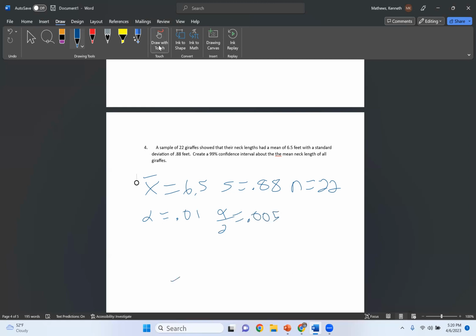So if we draw a picture, here's our curve, and we call this t, call this one x. There's 0. There's our mean of the sample, 6.5 feet. And this is going to be 0.005. And this is going to be 0.005.